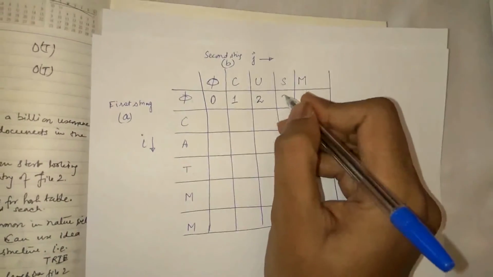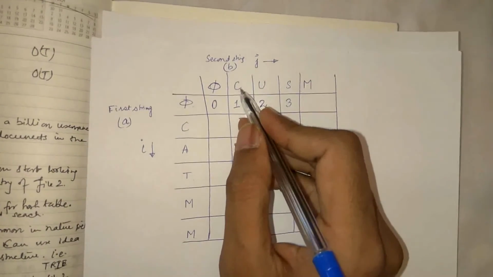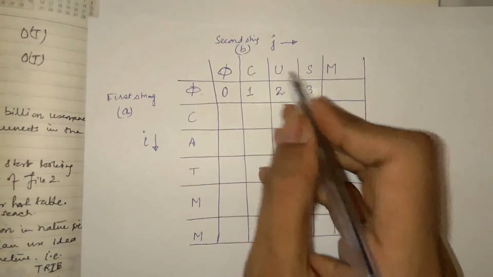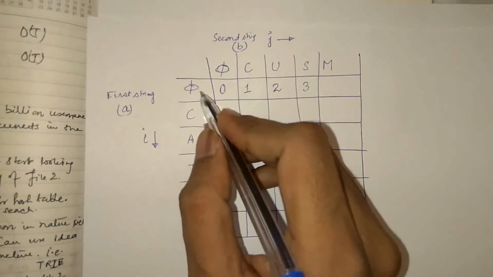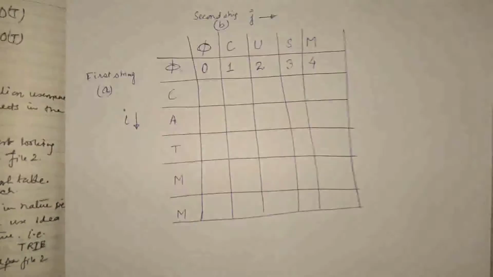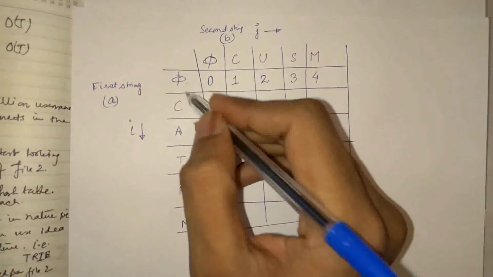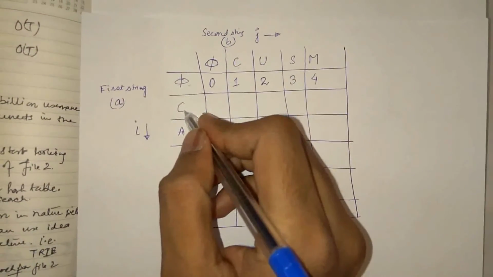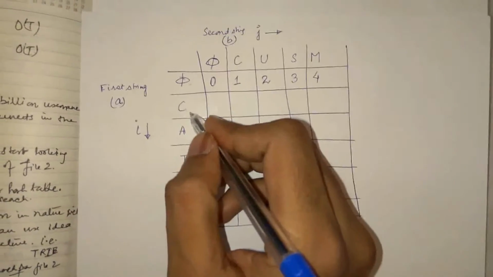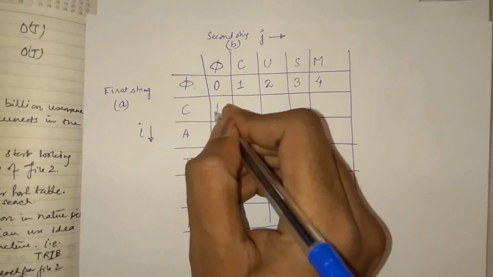Similarly, this is an empty string, we need to transform, so CUS is to be added here. 4 operations, this is 4, right? Now what if we don't have a second string and we have C only in the first string? So definitely we need to delete this to make it null. So one operation took place.